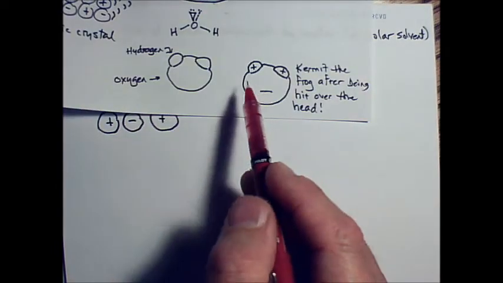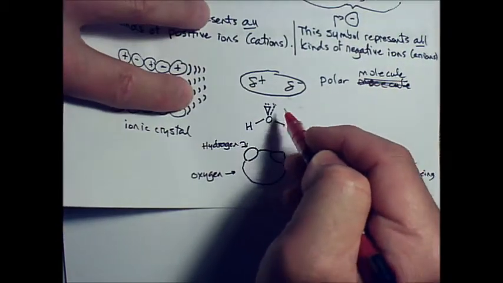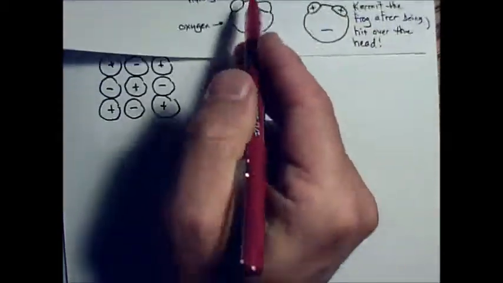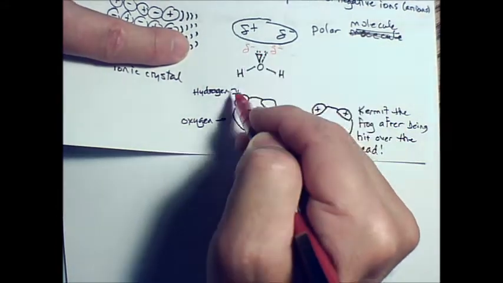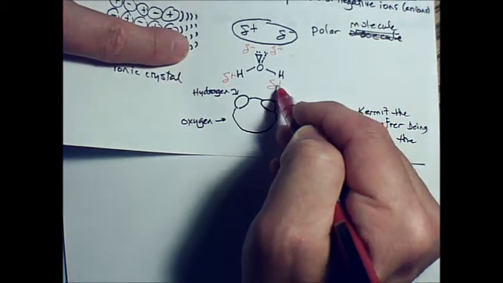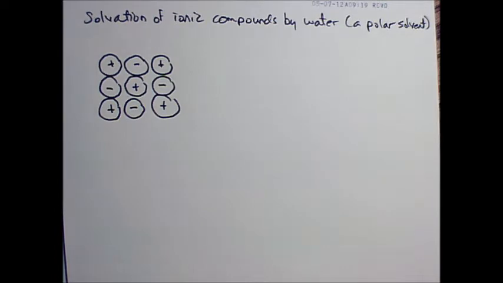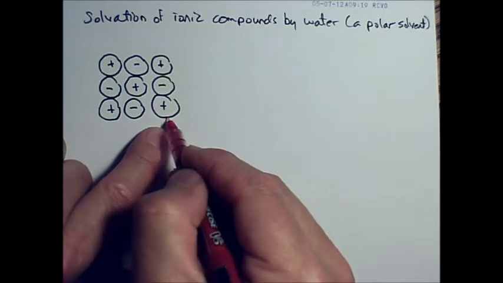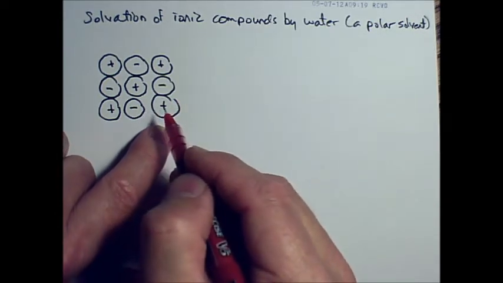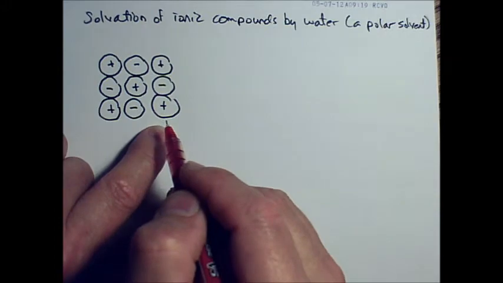Okay, remember that the water molecule has a partially negative end. So this is the partially negative end up here where the lone pair electrons are located. The partially positive end is down here where the hydrogens are located. Okay? So if there is a positive ion on a corner, it's much easier for water molecules to get to a positive ion that's in the corner of this crystal.